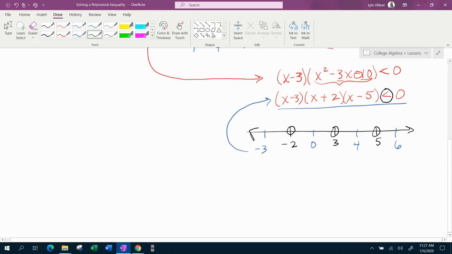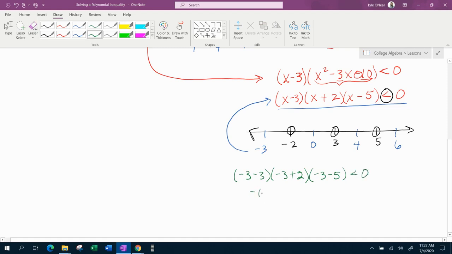So starting with negative 3, negative 3 minus 3, negative 3 plus 2, and negative 3 minus 5, we want to know, is that less than 0?